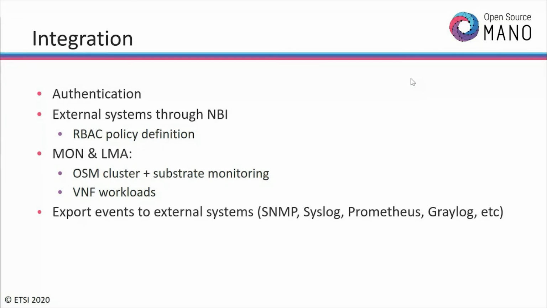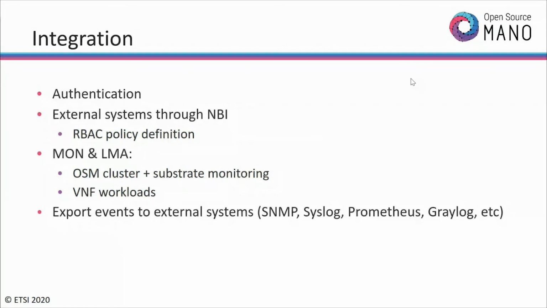We also need to get metrics from VNF workloads that can be scraped into external LMA stacks. We think that the upstream charms, for which you've seen a lot of their capabilities during this week's Hackfest, are a really good way to integrate with monitoring stacks.